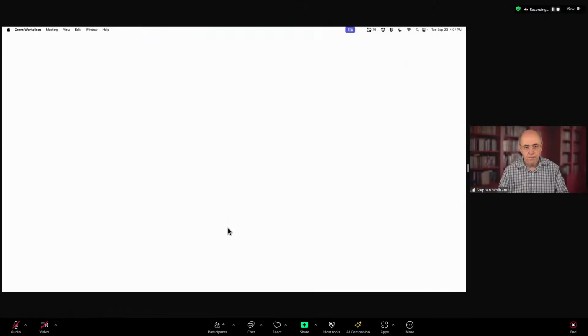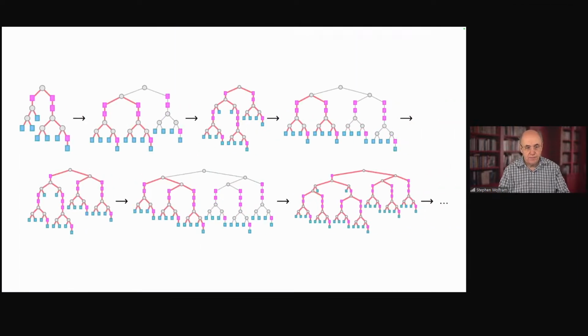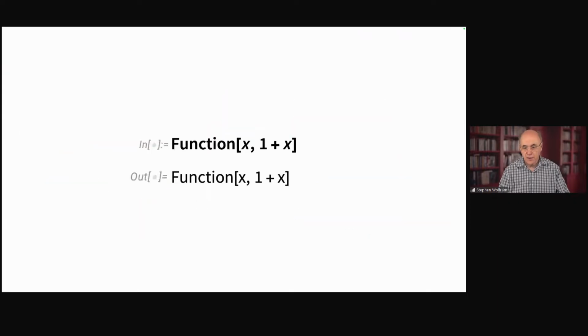The idea is to have something that serves as a pure function, which can be applied to an argument to give a value. For example, in Wolfram Language, we might have something like this.